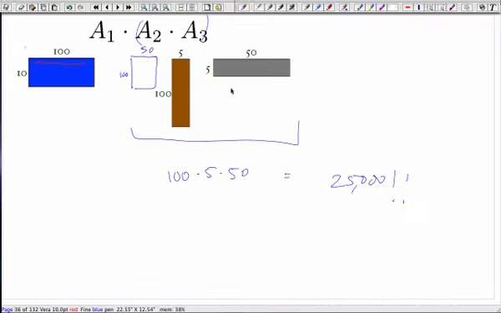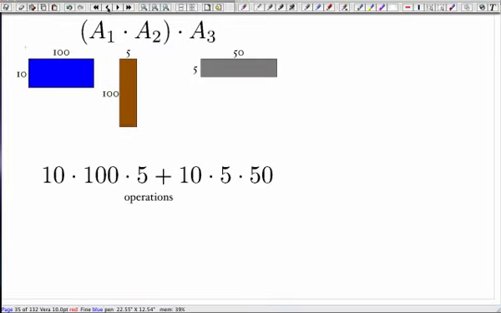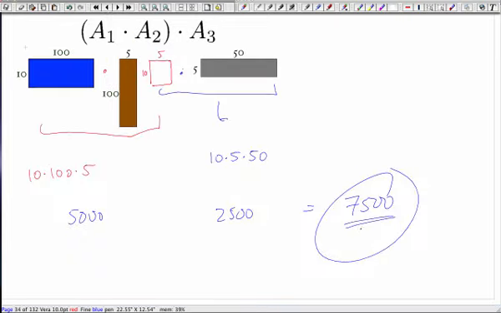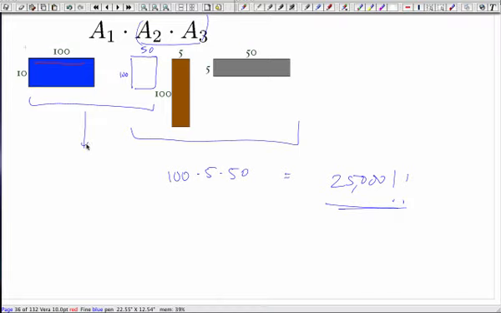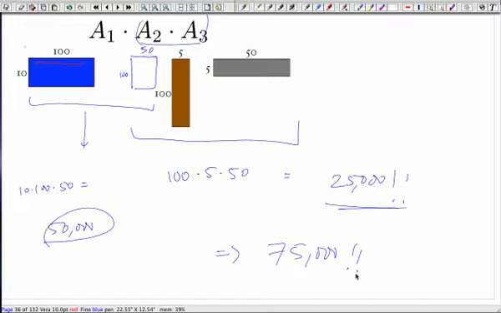So just multiplying in the wrong order, you could have solved it 3 times already in the time that it took with the wrong order. Again, multiplying these 2 right here is going to take 10 times 100 times 50, which is going to be 50,000. So the total number of operations is going to be much larger.